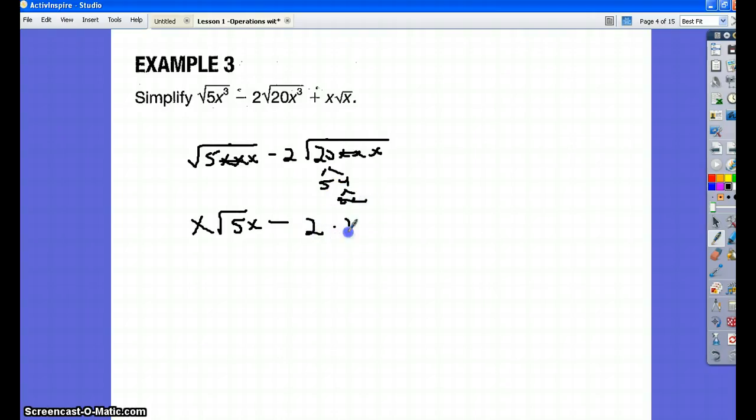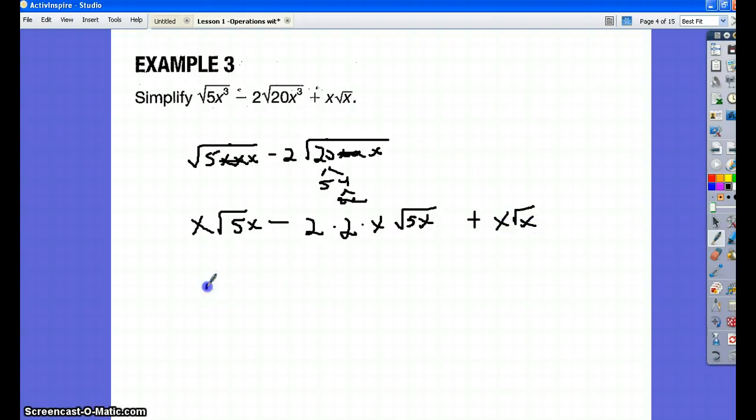We can bring one more outside because of that. And we can also bring 1x outside because we crossed these out. Now what's left is 1x and a 5, so it's going to be 5x plus x square root of x. That cannot be simplified any further.